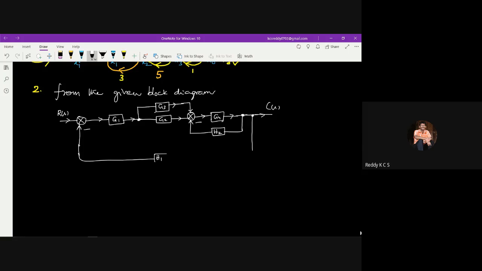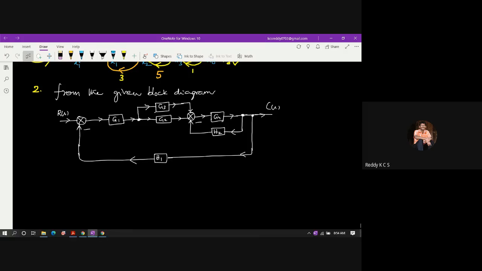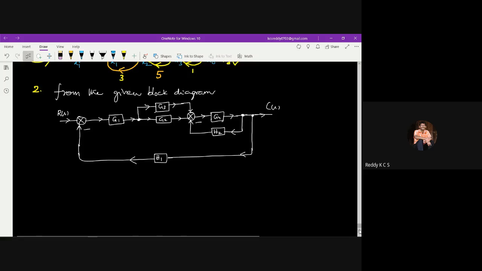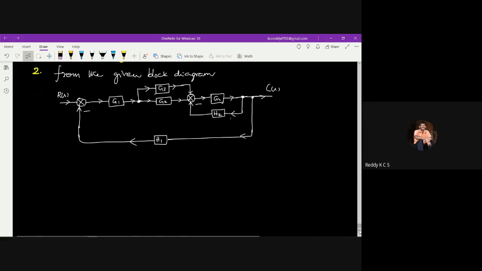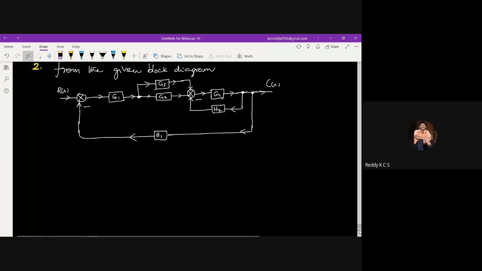So this is the block diagram I have, and the signal directions are very, very important, so don't miss these directions. Once you know this block diagram, how do we represent a signal flow graph? As I told you, first you need to draw the summing points.